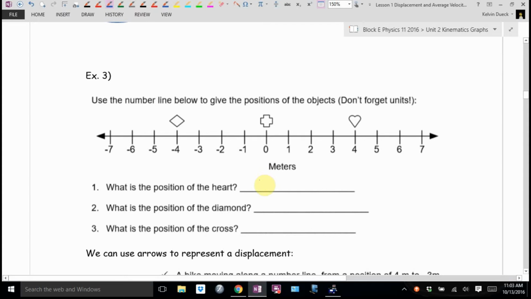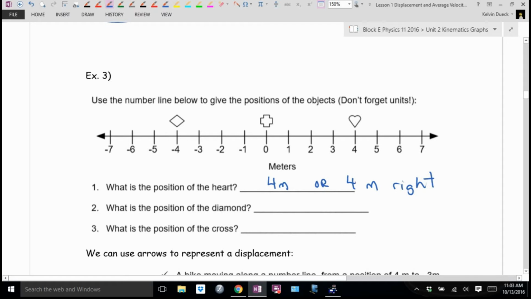Don't write this down. I have no problem if you do that, but I would argue, isn't that automatically assumed to be positive? If you do that, I'll figure it out. In fact, I'll probably say positive 4. The diamond, or 4 meters right.